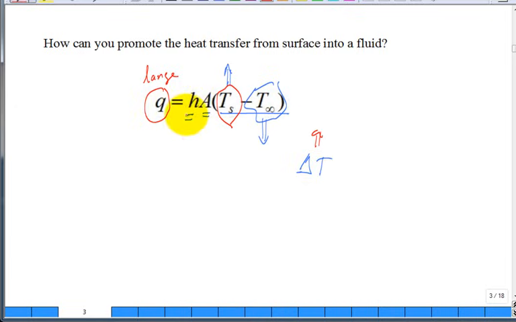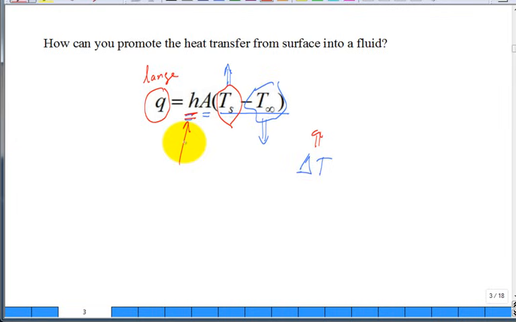What about h? What do we know about h? If I want to promote heat transfer, dumping it to air, what should I do to the air to help promote the heat transfer? Get it to flow forced over the surface with a high speed, right? To promote a higher convection coefficient.